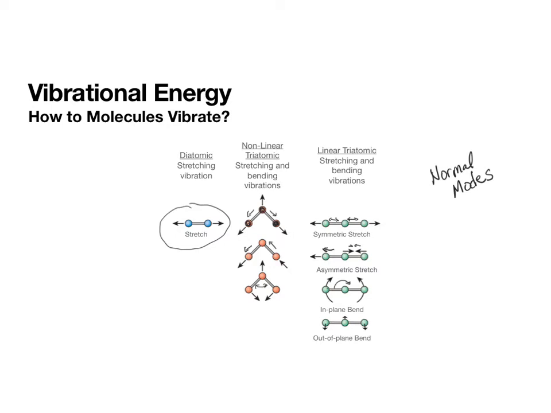Or we can have an out-of-plane bending, where the molecule folds, but in the z direction. That's what these arrows are, this is coming at you. That's how we indicate our three dimensions.